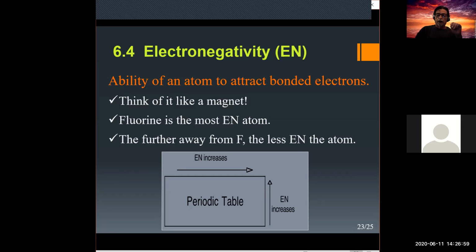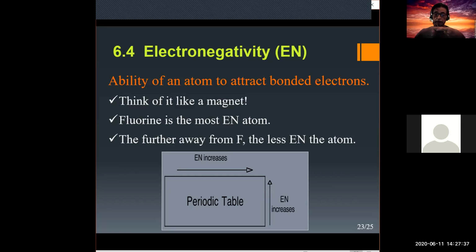Now IE was just a single neutral element, trying to figure out how much energy it took to remove an electron. With respect to electronegativity, this is the attraction of electrons in a bond. When chemicals make a bond, they will take an electron from one, for example, and an electron from another, come together and form a bond.